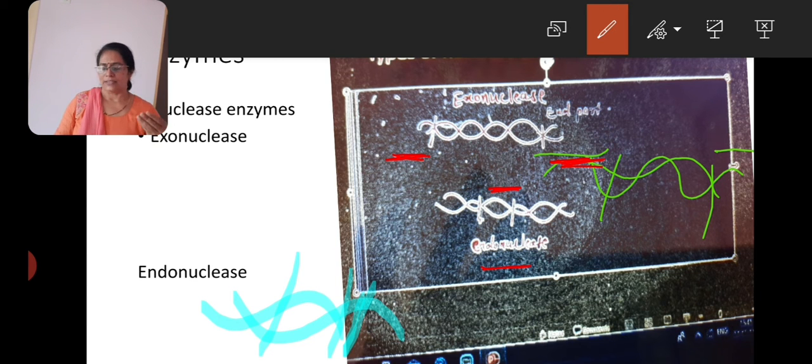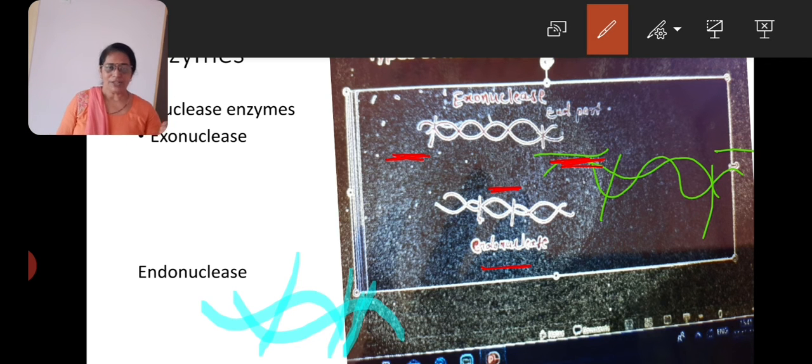Especially these restriction endonuclease enzymes are produced from bacteria. From the different types of bacteria the enzymes are collected or produced, and the name is given.